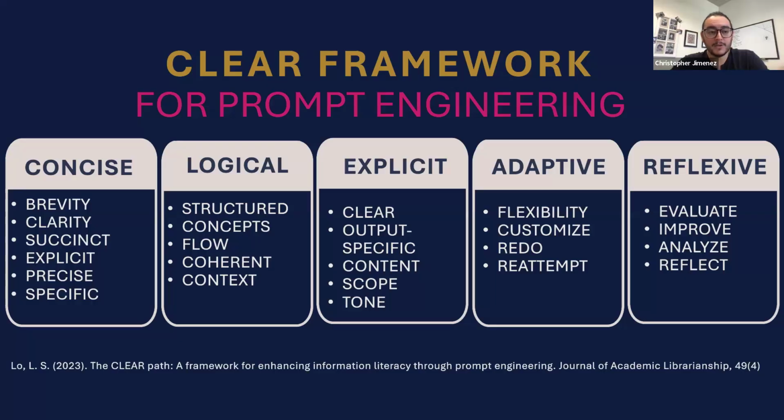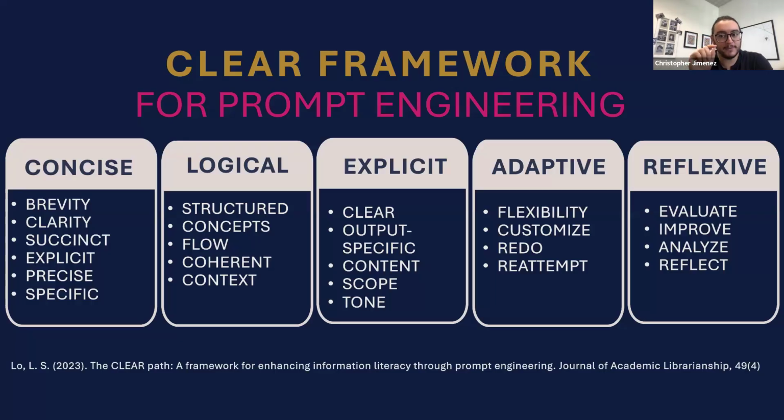Yeah, I wanted to make sure that it was clear that as our tools get better, the concise, the logical, the explicit is becoming a little bit less important. The models are doing a much better job of understanding human language and not needing all these details laid out explicitly. It's still better to do that, but it's more forgiving.